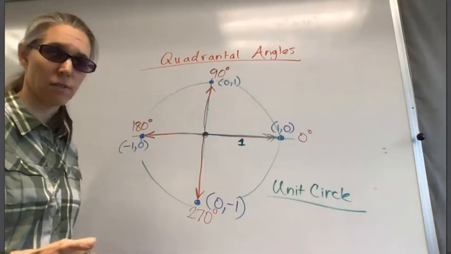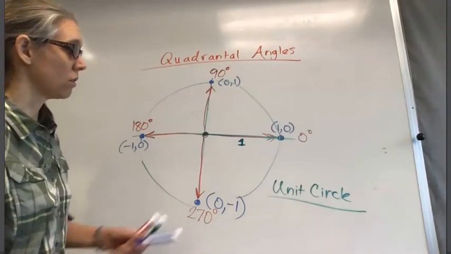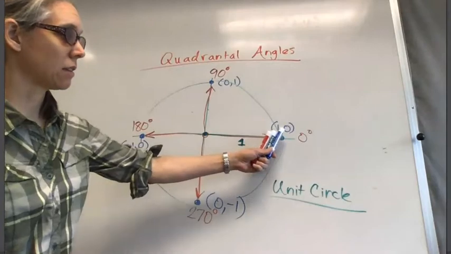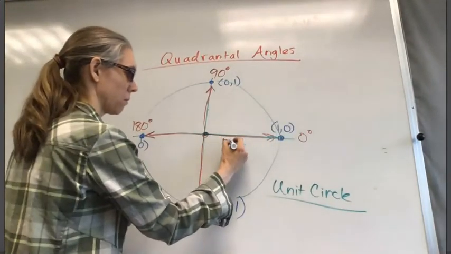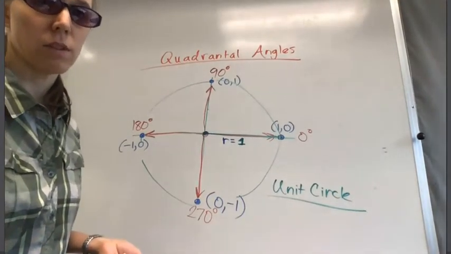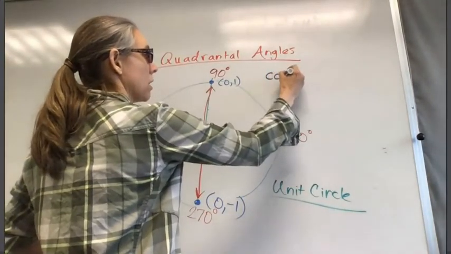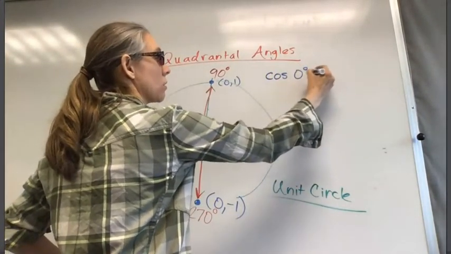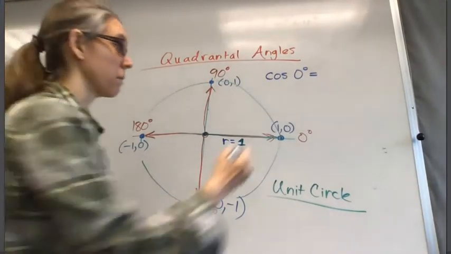So now when you need to find sine, cosine, tangent, all of those, you can use x, y, and 1 is your r value. So if you need to find the exact value of some angles, for instance, let's say you need to find the cosine of 0 degrees. Recall that cosine is x over r.